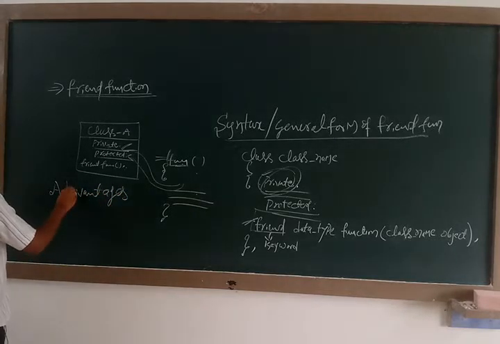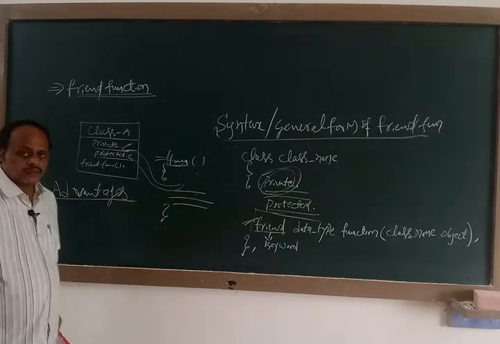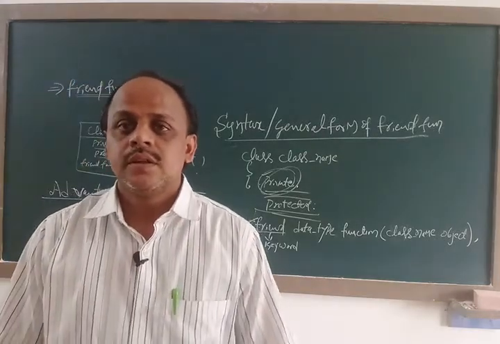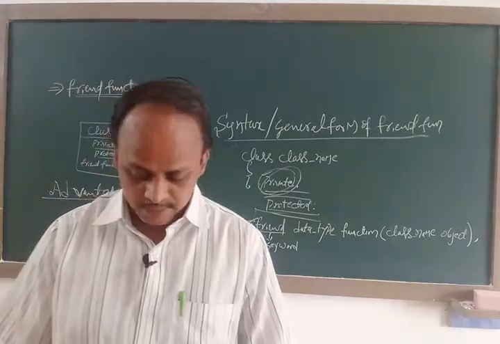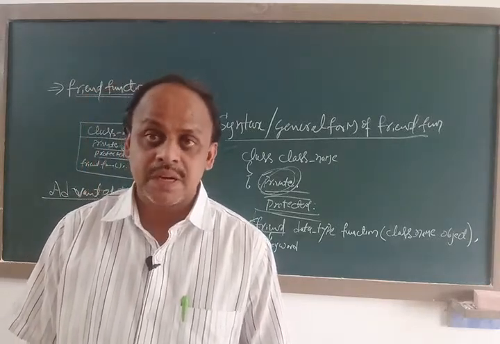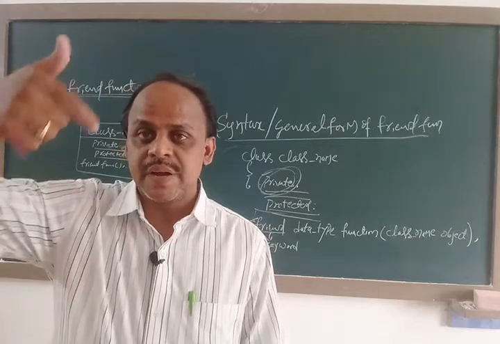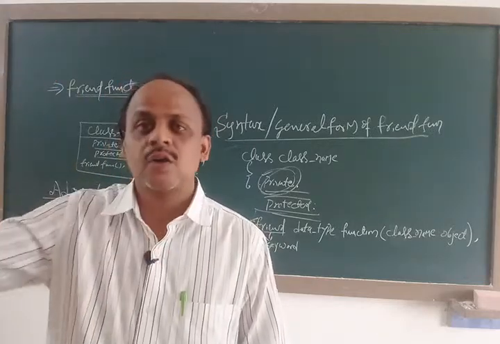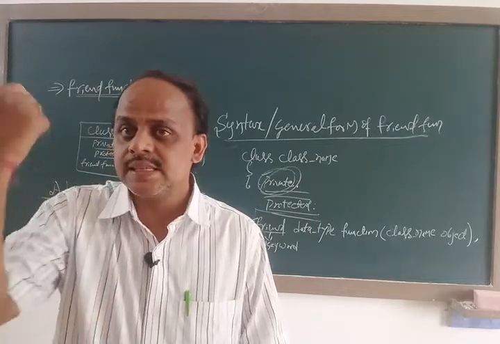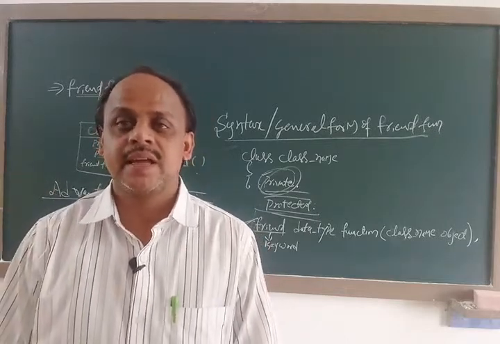What are the advantages of friend function? First point, using friend function we can access private members. Private members cannot be accessed normally, but if we use the friend function concept, we can access private members of a class.